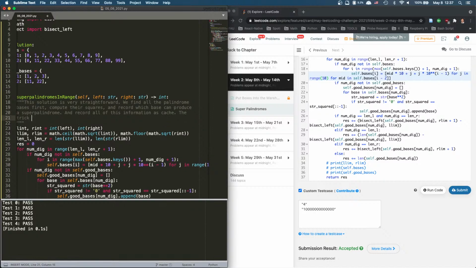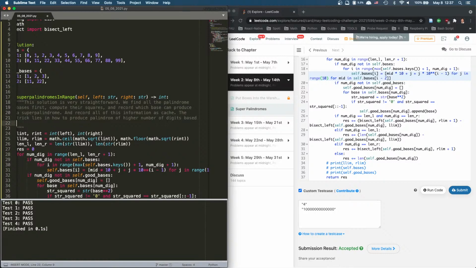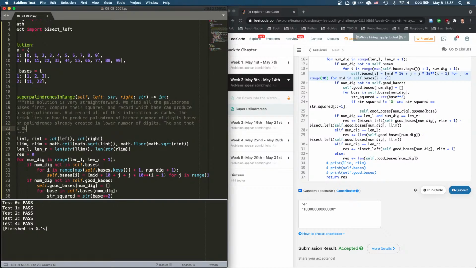The trick lies in how to produce a palindrome of higher number of digits based on palindromes already created in lower number of digits. The one that I blundered on is that I forgot to include 0.